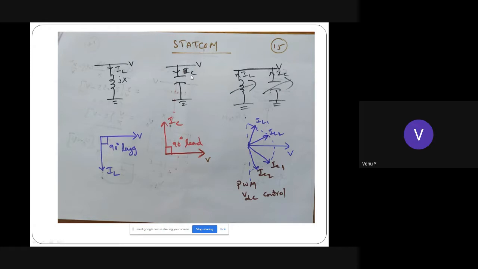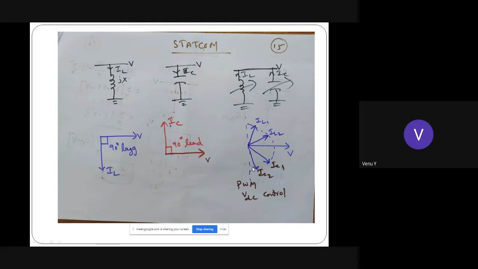When it is operating as a capacitor, V naught is the reference, and IC is 90 degrees leading with V naught. When you consider the equivalent of STATCOM, it has controlled inductance and controlled capacitance. Therefore, the current locus can be drawn like this.